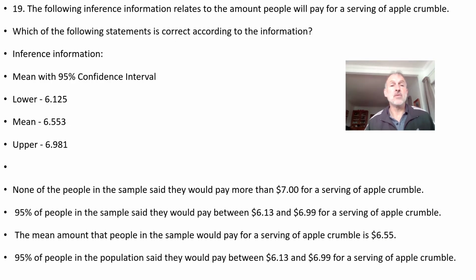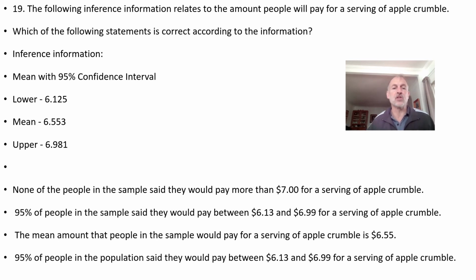Number 19. The following inference information relates to the amount people will pay for a serving of apple crumble. Which of the following statements is correct according to the information? Inference information, mean with a 95% confidence interval. If we look at the lower limit, it's 6.125. The mean is 6.553.